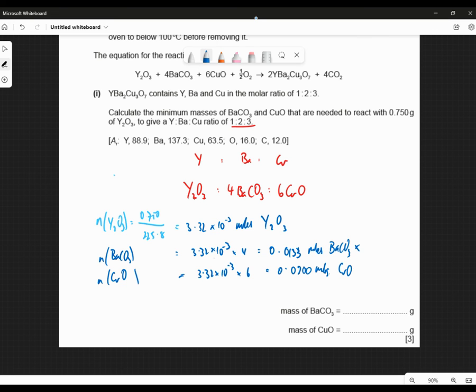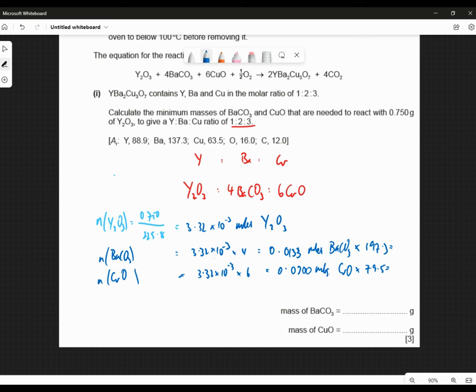Now, timesing the number of moles by the relative molecular masses should give me the masses I need. Barium carbonate is 197.3, and copper oxide is 79.5. So just calculating those out. Again, you've got to work out these masses yourselves.